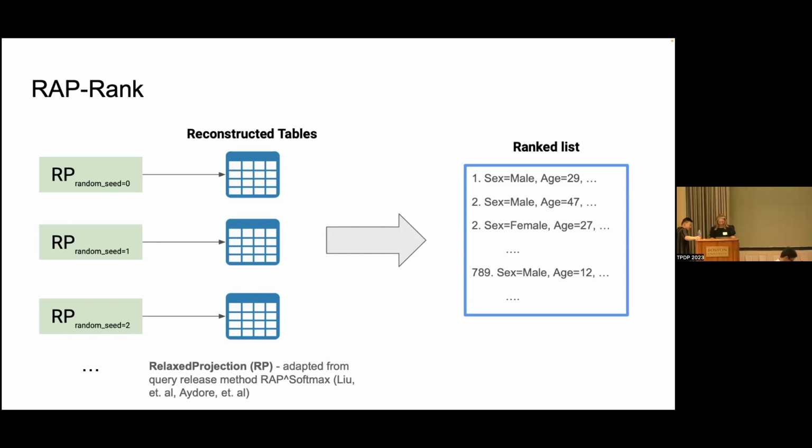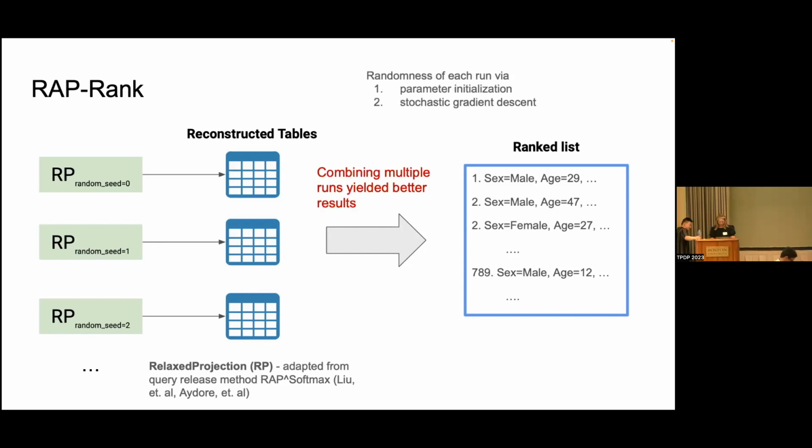For each run, we generate as many samples as feasibly possible, and then rank these samples based on how frequently they appear across all the different runs. Empirically, we showed that the more runs you do, the better performance you get, up until maybe 40 or 50 runs, at least for our data sets.